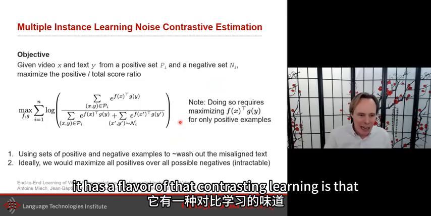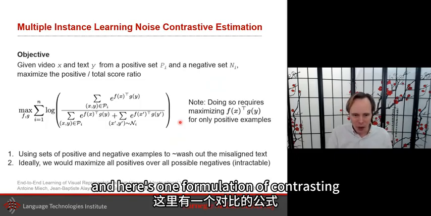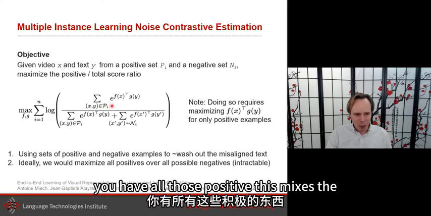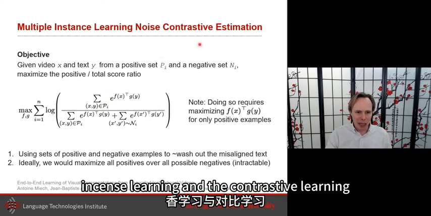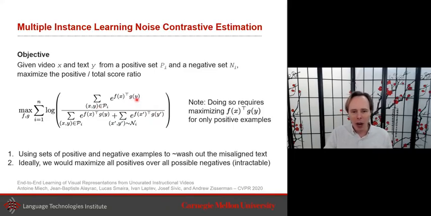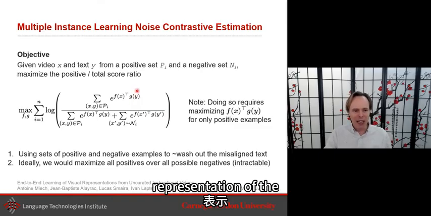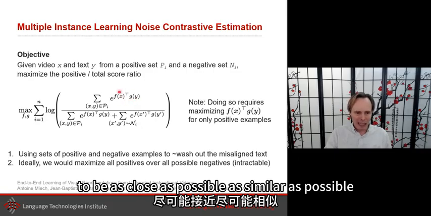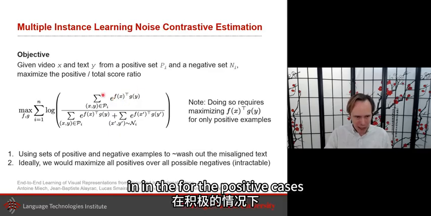Contrastive learning is that, and here's one formulation of contrastive learning. This mixes the instance learning and the contrastive learning, but you have some bag of positives, and you want your representation of the video to be as close as possible, as similar as possible, for the positive cases.